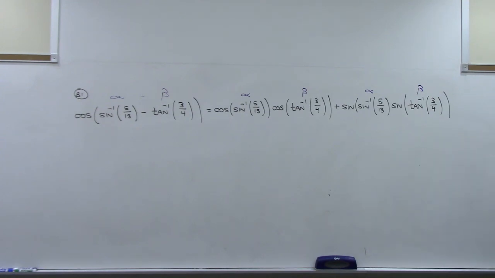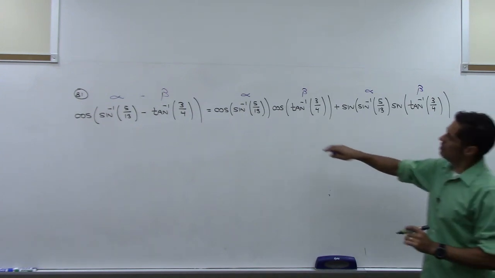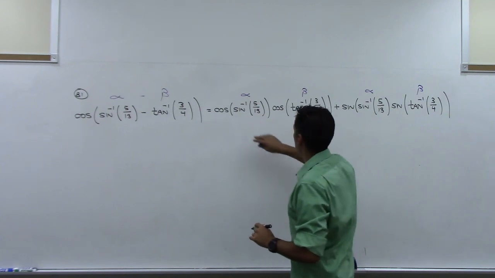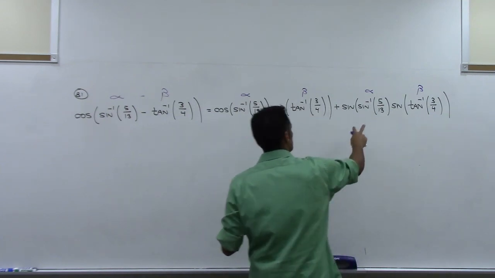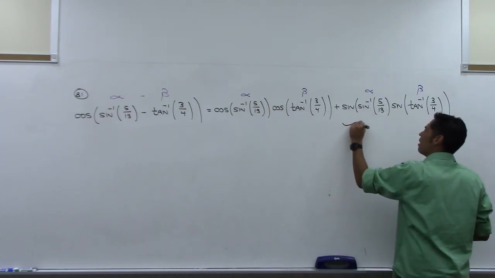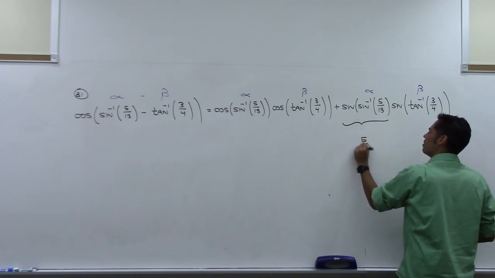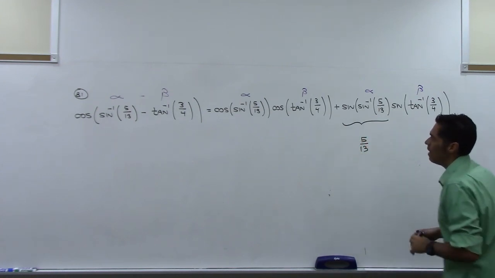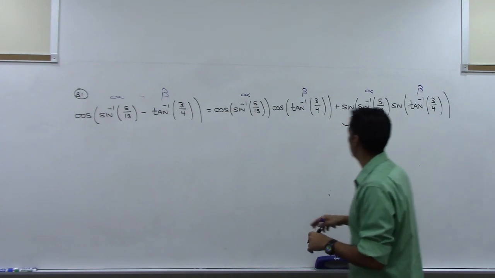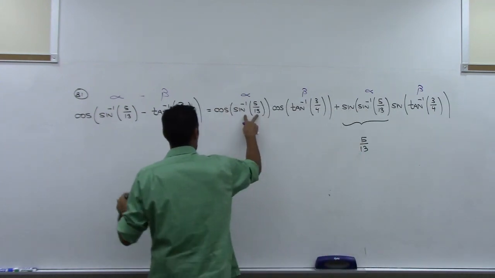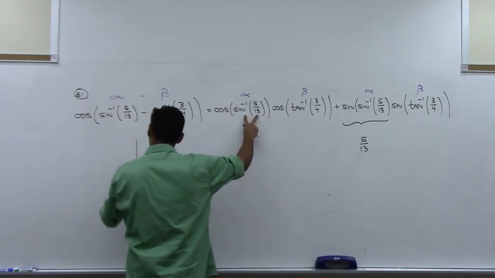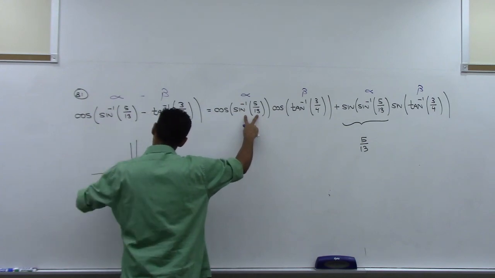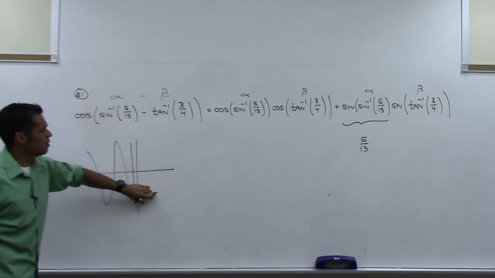And I'm going to go figure out what these are off their triangles. Are any of these clean? Yeah, this is the only one that doesn't require any work. That's just 5/13. So I'm okay with that. Let me try and come up with a triangle based off of this. So I'm dealing with arcsine. That means I'm only in the first or the fourth quadrant.